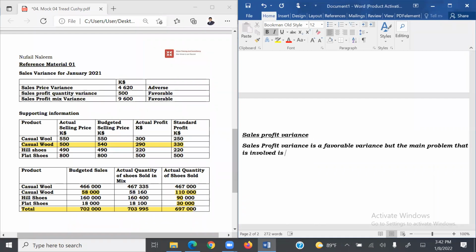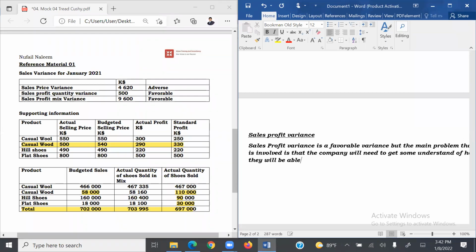So the sales profit variance is a favorable variance, but the main problem involved is that the company will need to get some understanding of how they will be able to increase the sales profit.